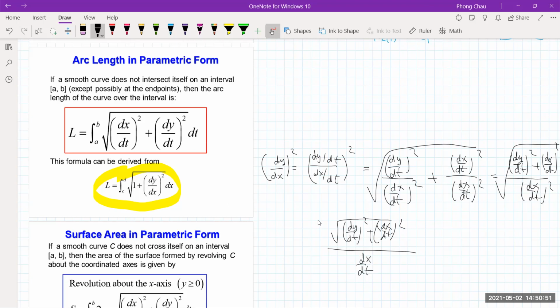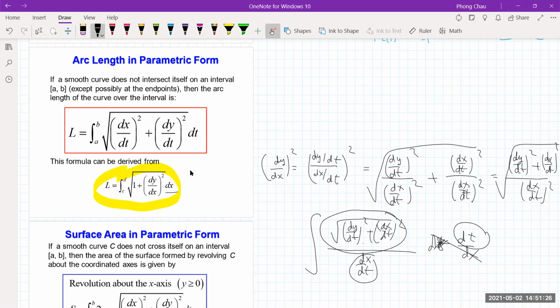And don't forget that the integral should look like this, dt. And when you divide by a fraction, you multiply by the reciprocal. So this is the x there, and then you times dt/dx. So dx got cancelled, you're left with dt, this quantity, and that is this formula here.